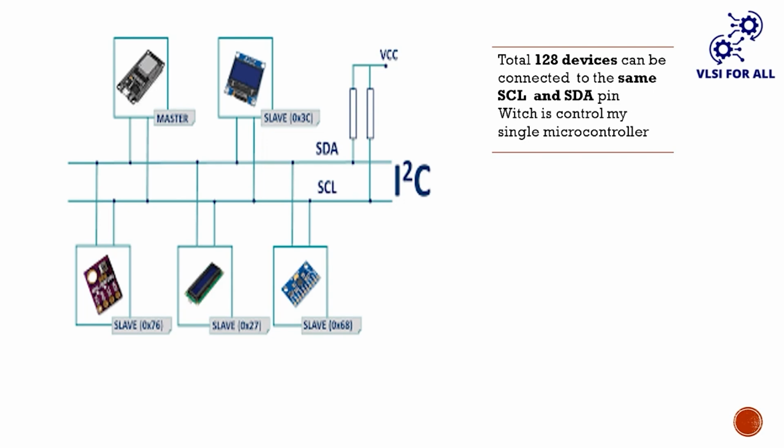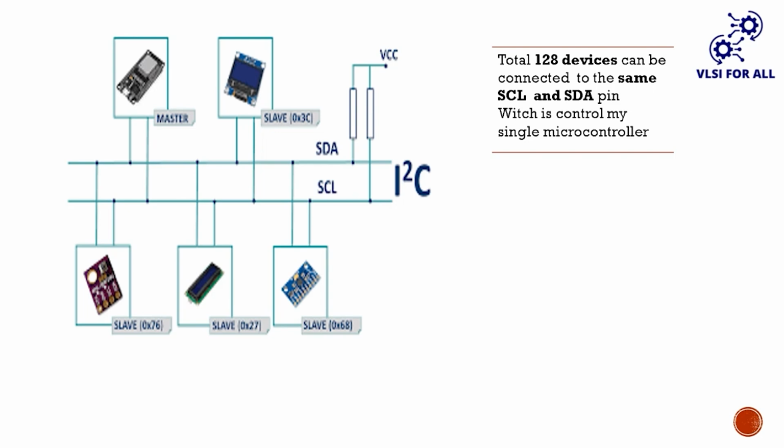That VCC depends upon the particular microcontroller that we use, which can be 5 volt or 3.3 volts. So the SCL and SDA pins will always remain high initially, because as I told you, they are connected to VCC. It is always a 1.